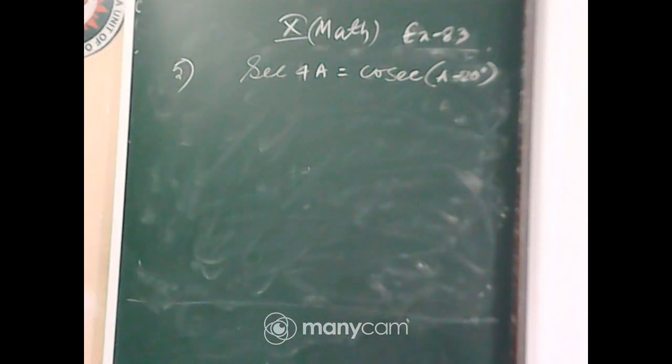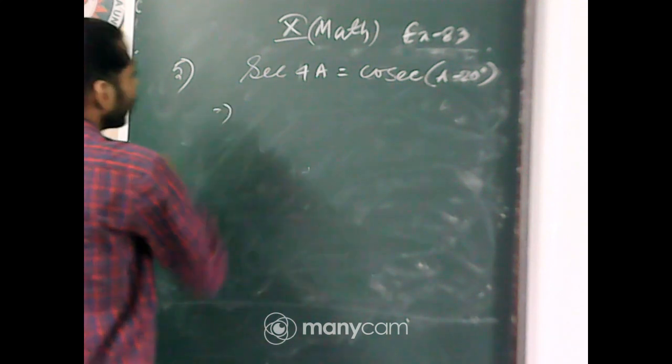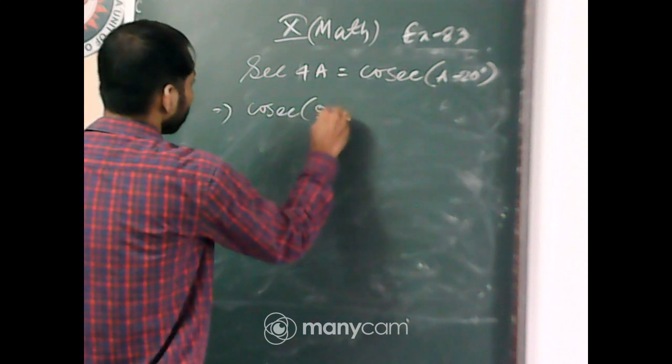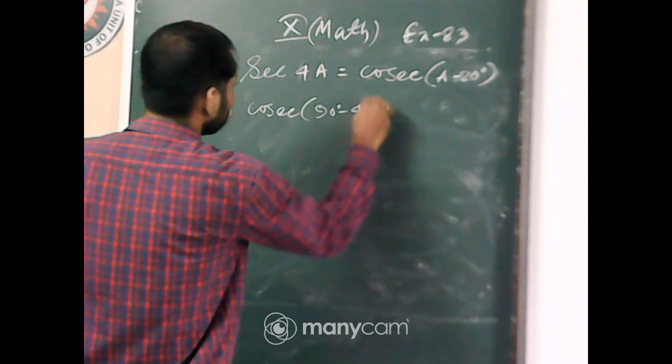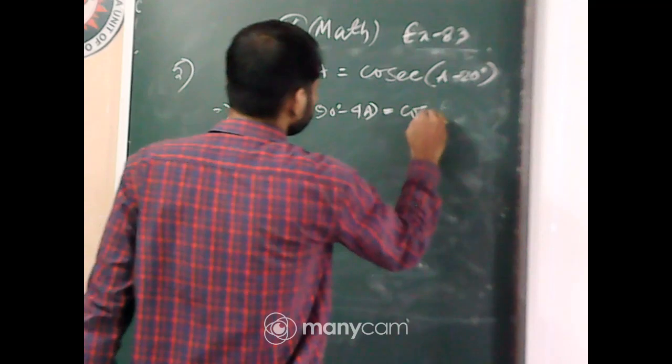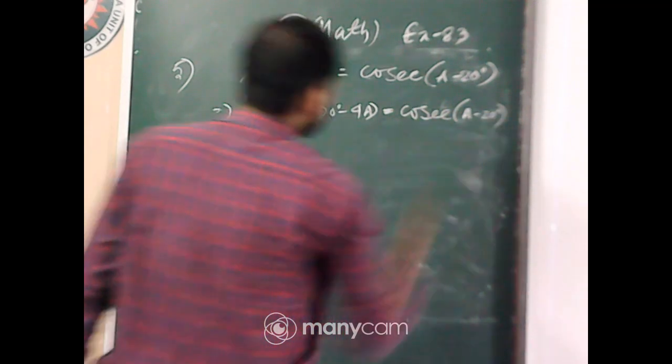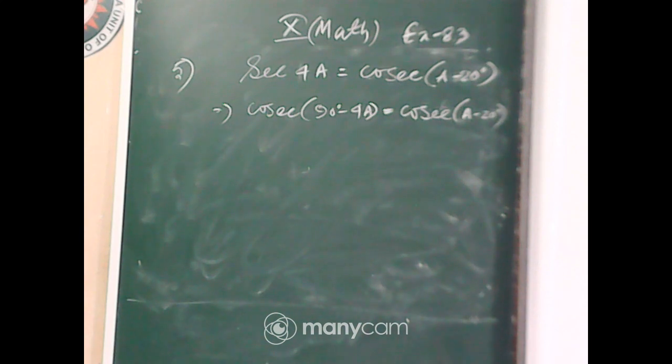Sec 4A equals cosec (A minus 20 degree). Now, instead of sec 4A, we may write here cosec (90 degree minus 4A) equals cosec (A minus 20 degree). The RHS remains unchanged, and instead of LHS, we write here.